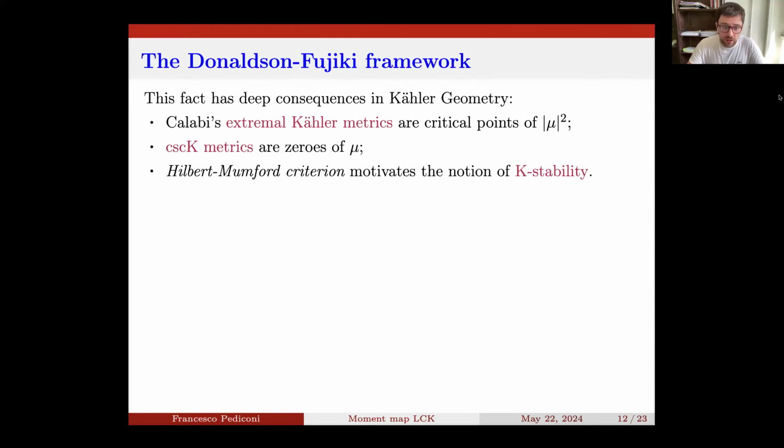Here, cscK metrics in general are not metrics that have zero scalar curvature, but as I said before, mu is uniquely determined up to a constant. So we can interpret, in some sense, cscK metrics as zeros of mu.